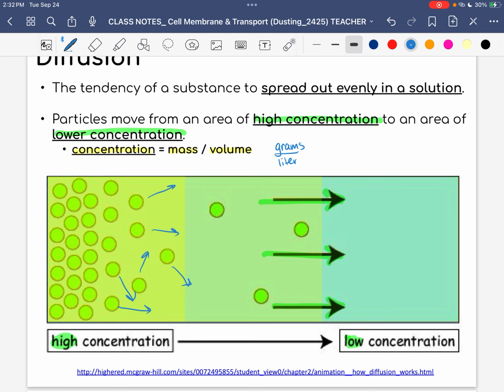Or we might talk about it in another way, which you'll learn in chemistry, which is moles per liter. Okay, sometimes we can also have a volume over a volume. Remember, you can have a solution that's two gases mixed together or a mixture of two liquids. And so in that case, you'd usually have some sort of percentage volume.